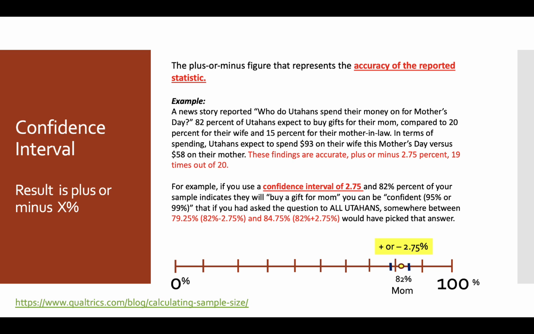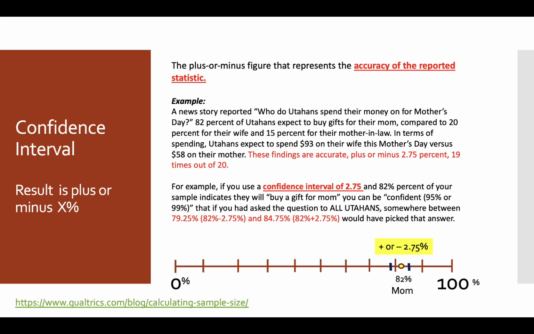Now remember, the result is a plus or minus X percent, and it means the accuracy of the reported statistics. So let's look at this little example that I have here. A news story reported, who do Utahns spend their money on for Mother's Day? 82% of Utahns expect to buy gifts for their mom, compared to 20% for their wife and 15% for their mother-in-law.